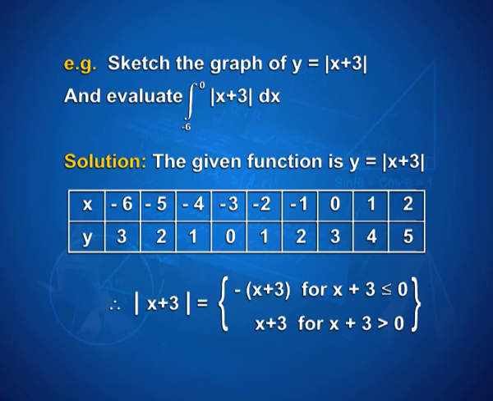Since modulus of x plus 3 is equal to minus of x plus 3 for x plus 3 less than or equal to 0 and x plus 3 for x plus 3 greater than 0.